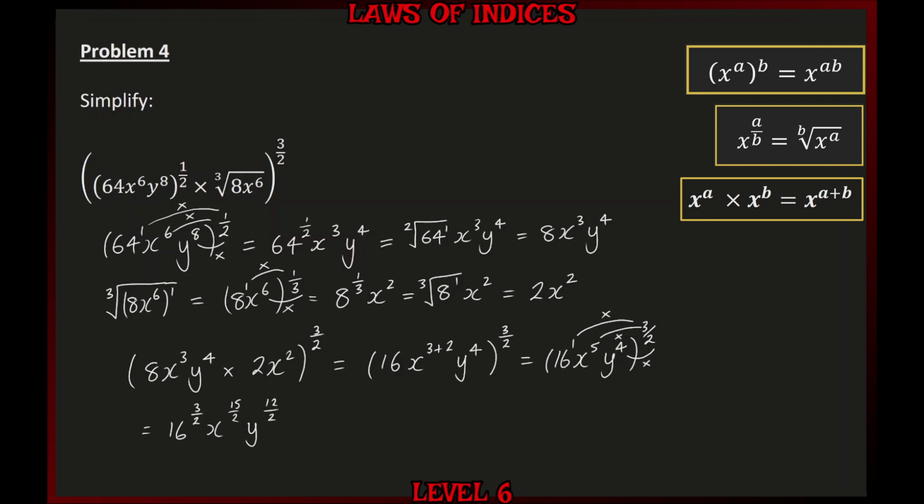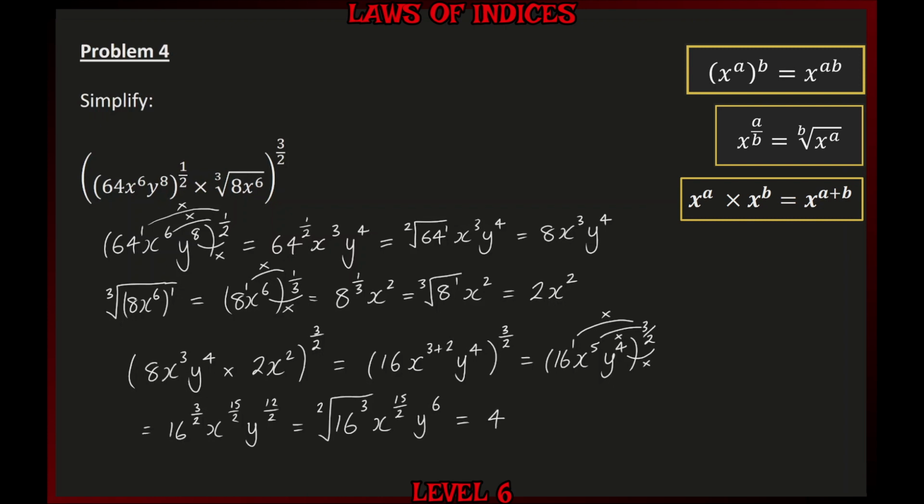Again, 16 to the power of 3 over 2 can be rewritten using our fractional power law as 16 to the power of 3 square rooted. We then have x to the power of 15 over 2 and y to the power of 12 over 2, and 12 over 2, or 12 divided by 2, is just 6. Now looking at the square root of 16, this is 4 because 4 times 4 is 16.